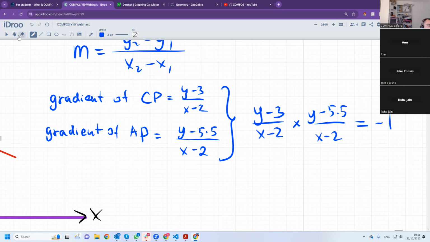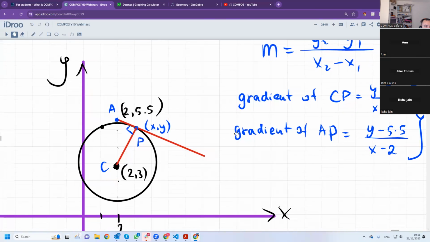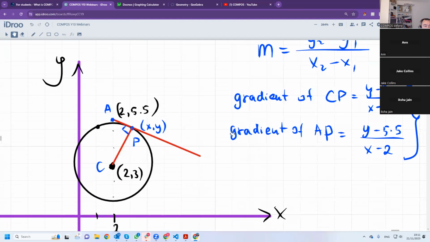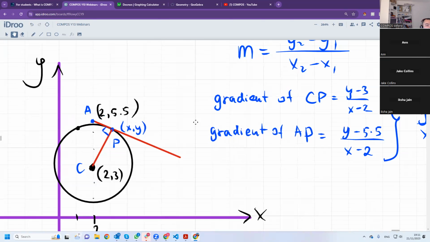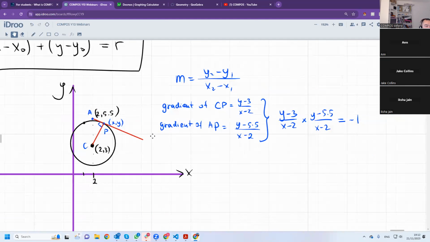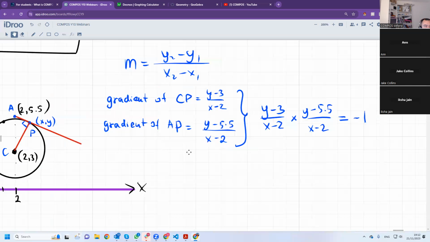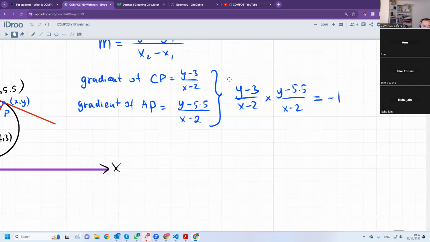That's not going to help me too much, is it? It's not going to give me a quadratic. Okay, that's one thing. That's an equation.